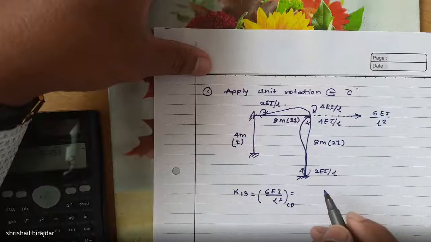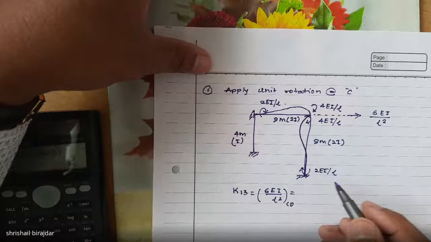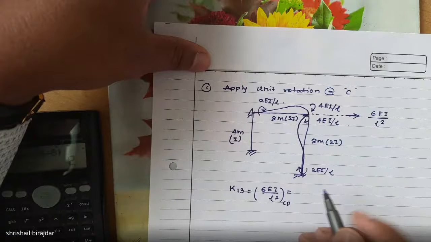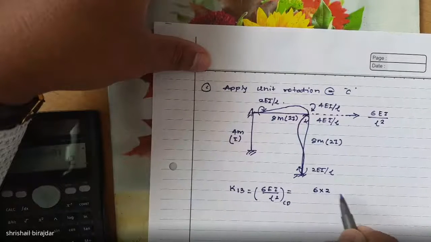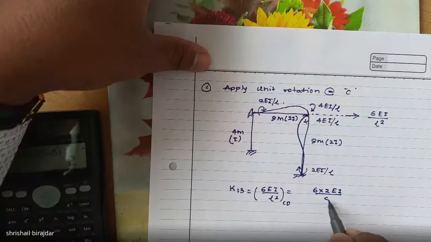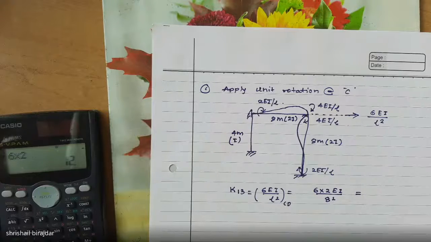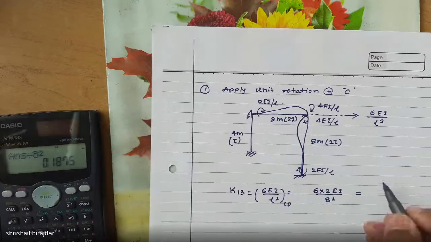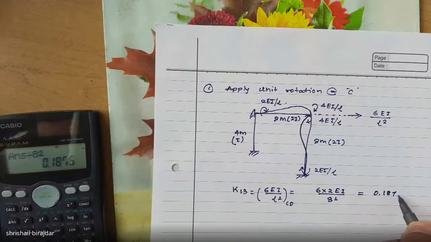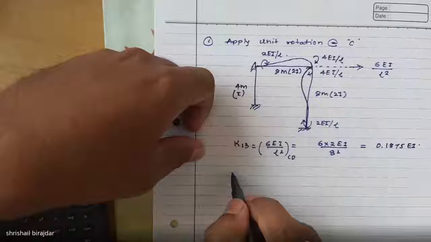Therefore, you will get 6 multiplied by 2 EI divided by L square, 8 square. How much does it work out to be? 7, divided by 8 square. 0.1875.